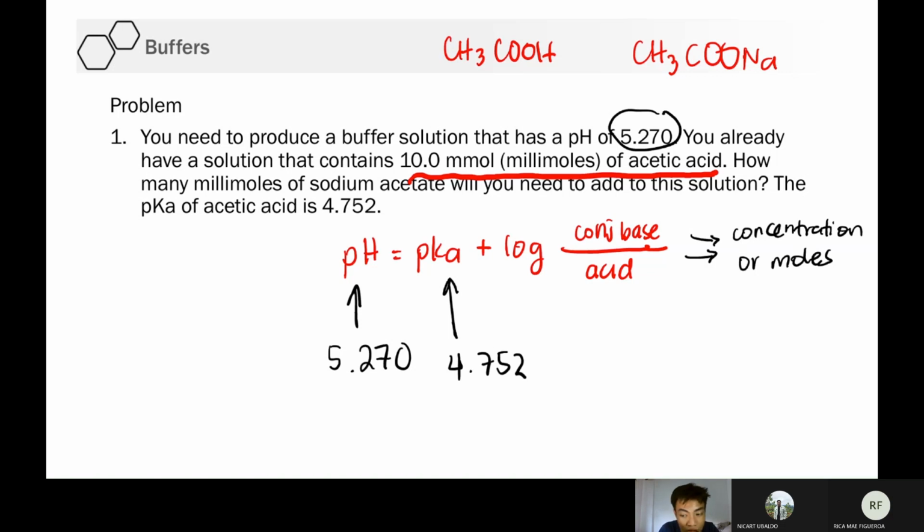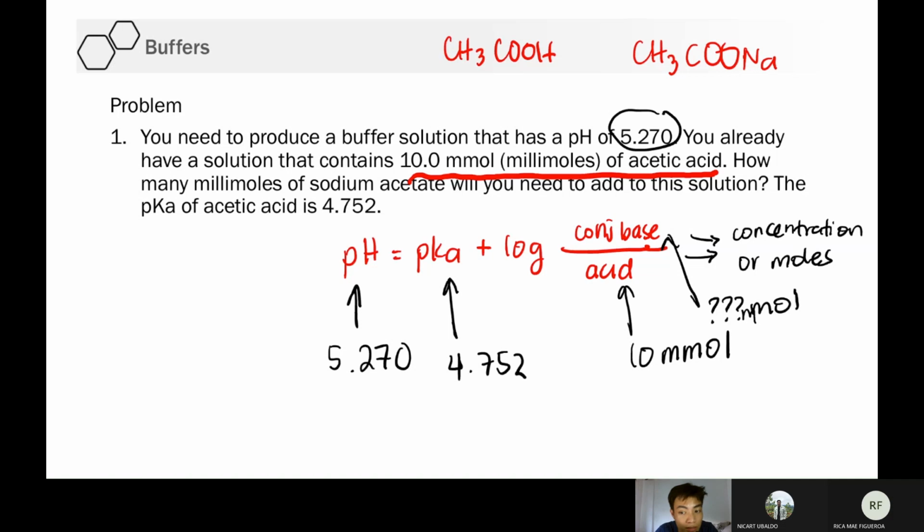Log, that is a function. We already know the concentration of the acid, the moles of acid, which is 10 millimoles. Ang question na lang dito is, ilang millimoles yung conjugate base mo. Okay? So, ano daw kaya yung concentration ng conjugate base dapat?